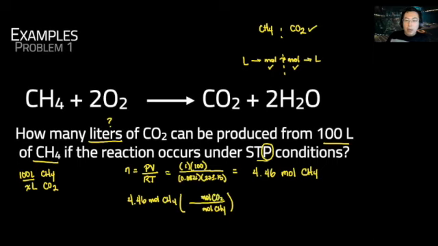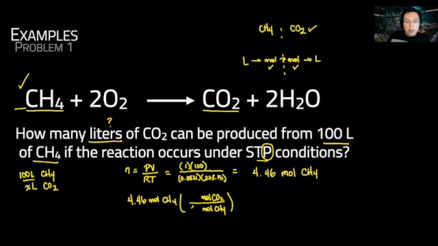Now that you have the units placed, you just need to check the numbers in the equation. Methane is over here and carbon dioxide is over here, right? If there is no number next to it, remember that's 1.